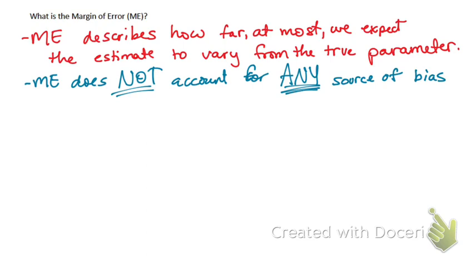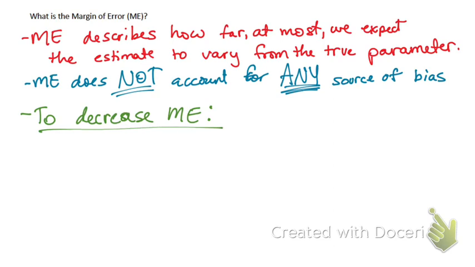All right, now, sometimes we want to decrease our margin of error. This is in the event that our margin of error is maybe a little too wide and we've got a really big, wide interval. It's not really that useful. I want to decrease that margin of error. I want to decrease the width of that interval. Here's how we can do that. The first way is we would have to decrease our confidence level.